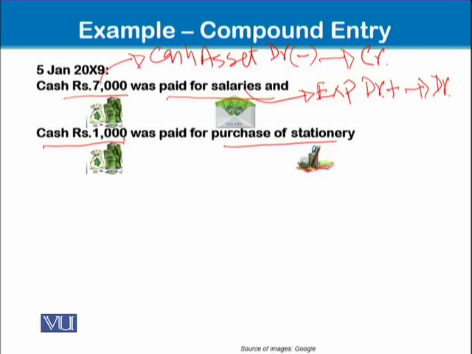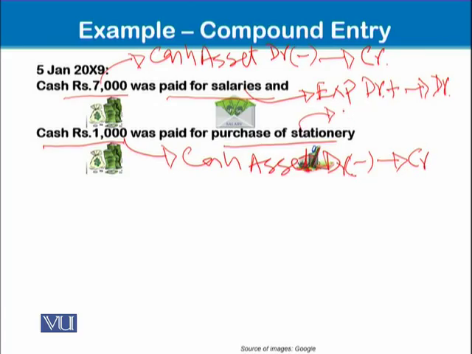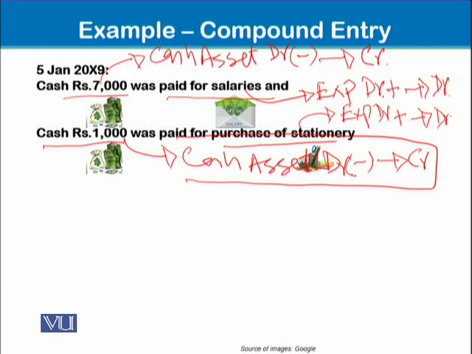And here again you see that cash, which is an asset of debit nature, is decreasing, so it should be credited, and stationery is an expense of debit nature, the expense is increasing, so it should be debited. So what we analyze is that cash is being credited on the same date.